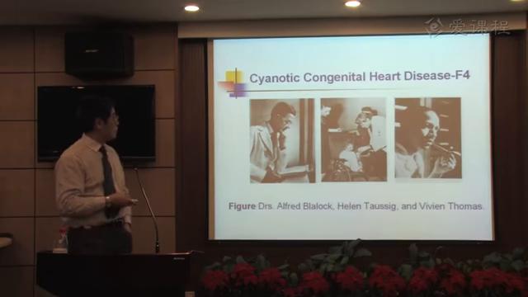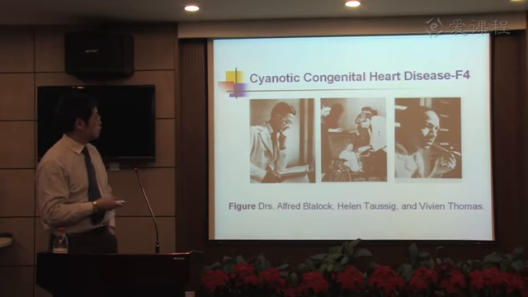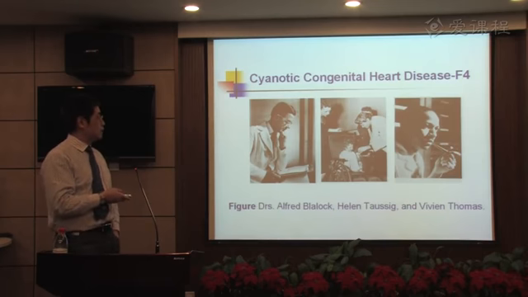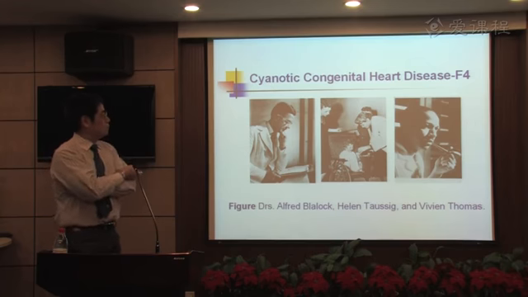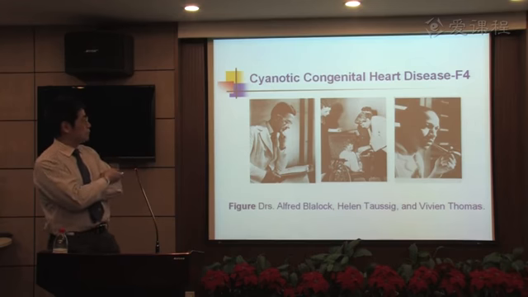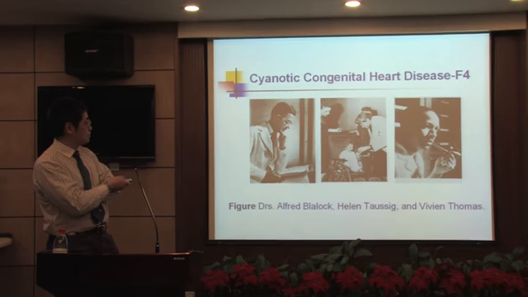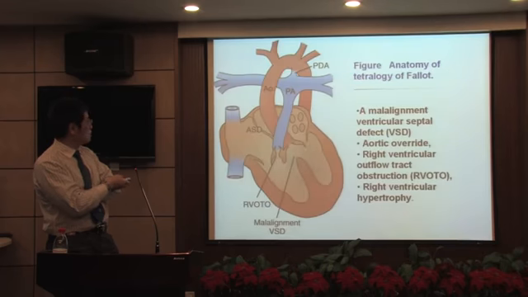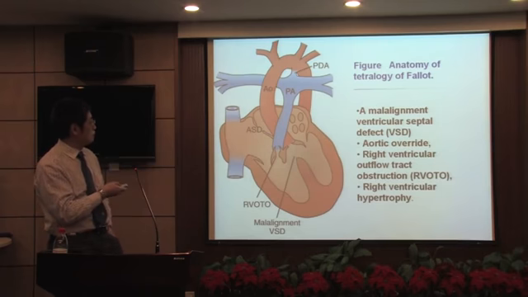Next topic is about cyanotic congenital heart disease. The typical example for this disease is tetralogy of Fallot, and these doctors are the pioneers for treating this disease. And here is the anatomy of the pathology of tetralogy of Fallot.